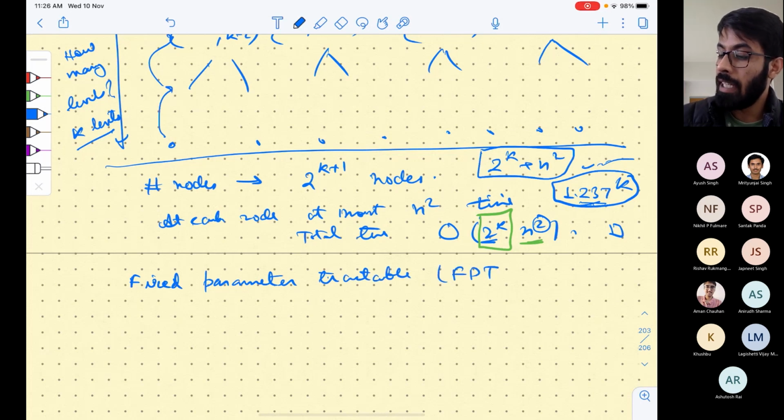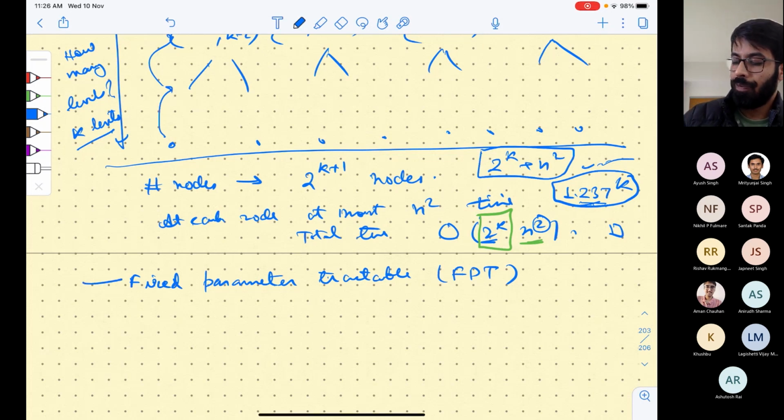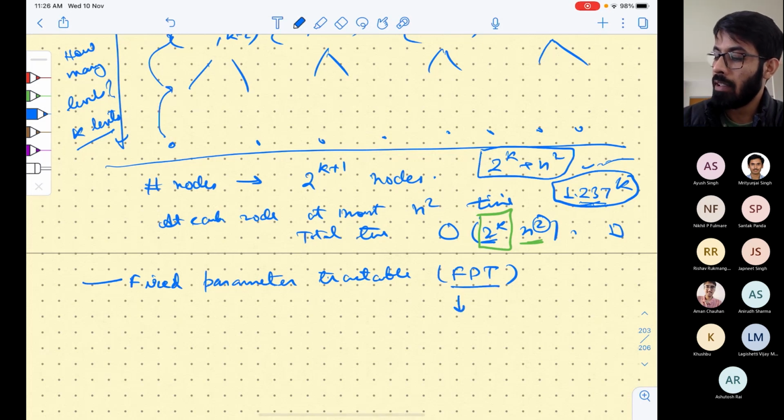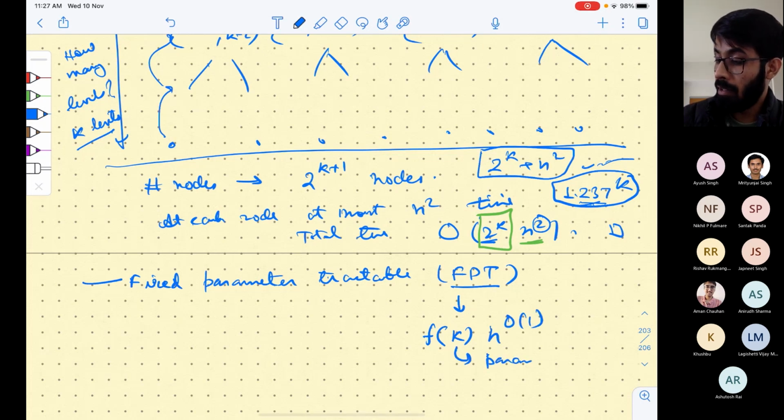So this is called FPT. So the problems are also called FPT and the algorithms are also called FPT. So this is the class of problems which admits algorithm of the form f of k, polynomial in n, where k is some parameter. So when the parameter is small, then this becomes efficient.